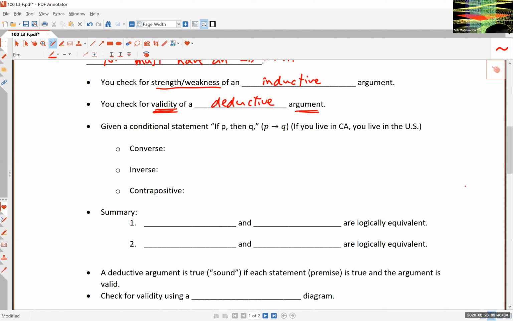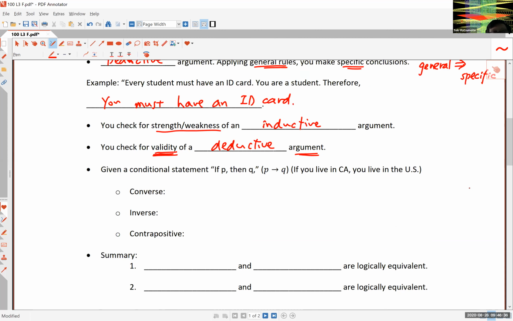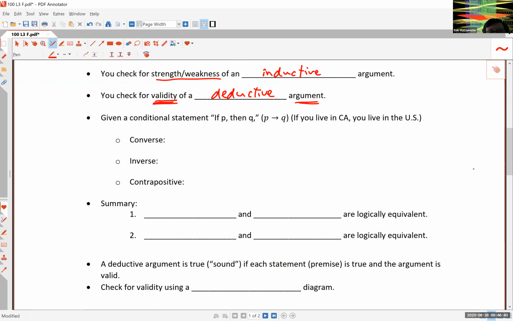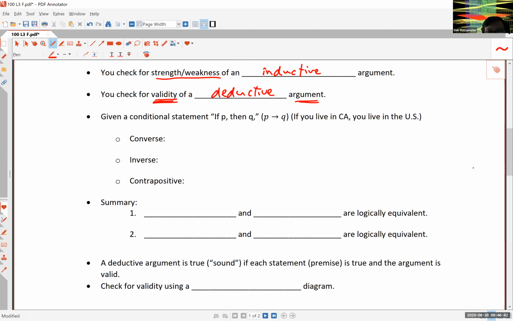Okay, so one of the most important elements of deductive arguments is the conditional statement. Basically everything in mathematics and many things in life are written in the form of a conditional statement. Remember what a conditional statement is? We did the truth table in the previous lecture.